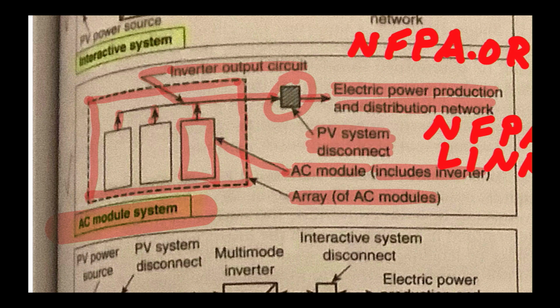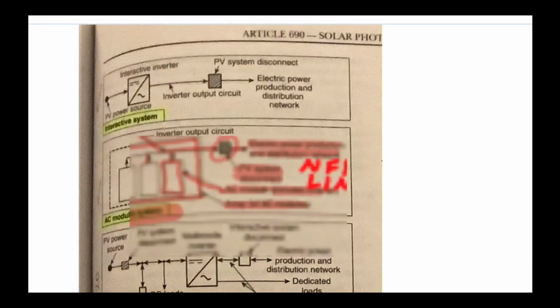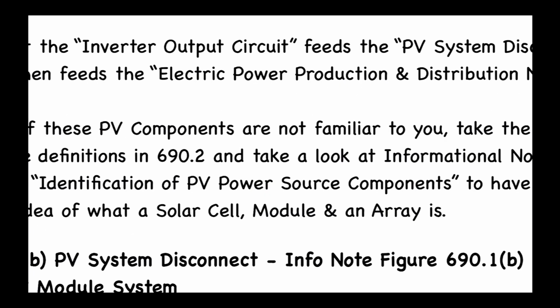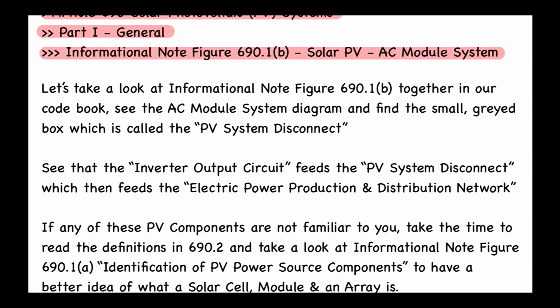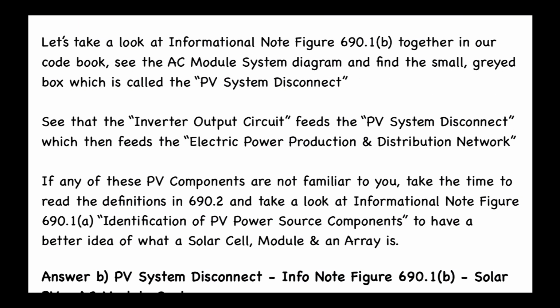All right, so let's go back into our book, and let's see what we wrote there, to talk about the answer that we've got here. So again, now that we've taken a look at a picture, a diagram, now we have a better idea of what we can talk about. All right, so let's take a look at the informational note figure 690.1b, which we just did together.